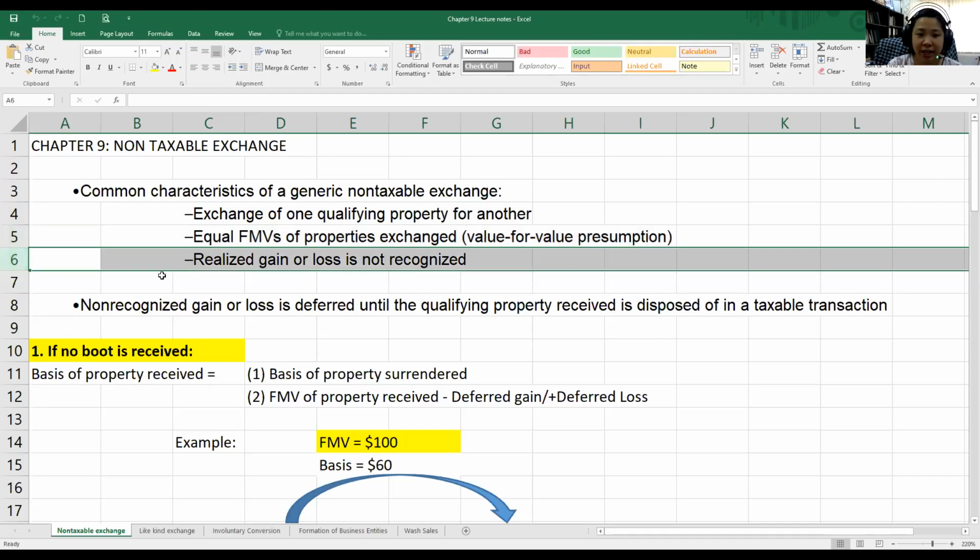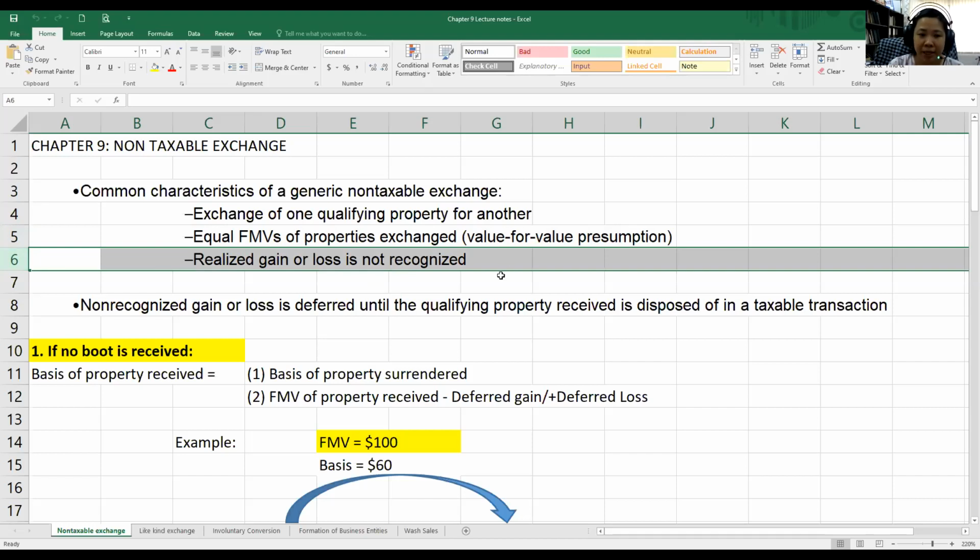And the third characteristic is that in a non-taxable exchange, the realized gain or loss will not be recognized. So three characteristics: we exchange one qualifying property for another, the fair market value of the properties should be equal, and realized gain or loss will not be recognized.